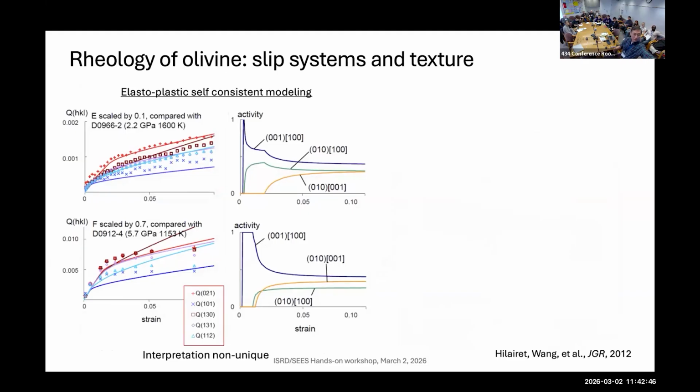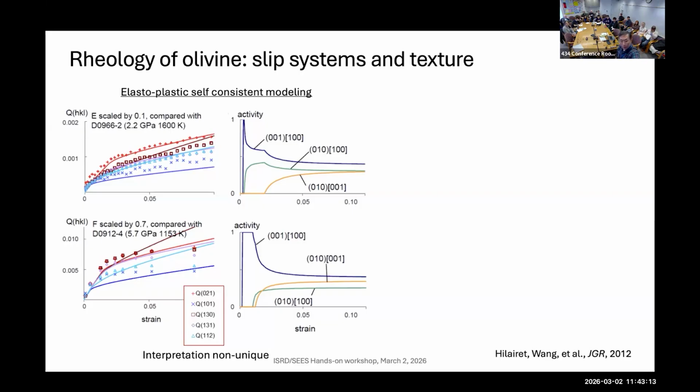And Matt showed some of the fits using the elastoplastic self-consistent model to look at the olivine flow laws. Here, again, this was Nadesh's work, 2012. By fitting this observation, these different symbols using different slip systems, you can sort of back out which systems are activating at what conditions.